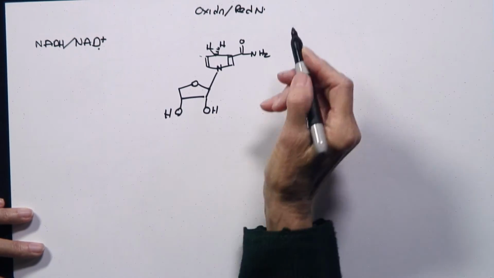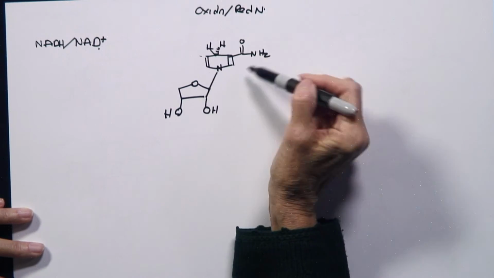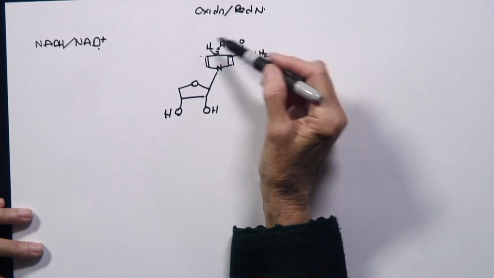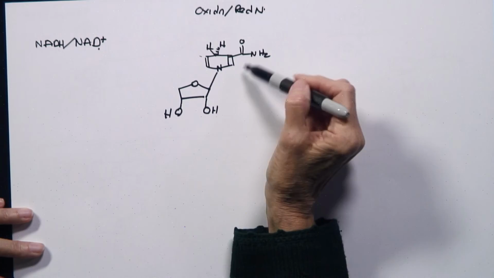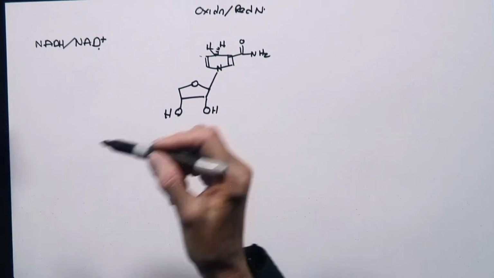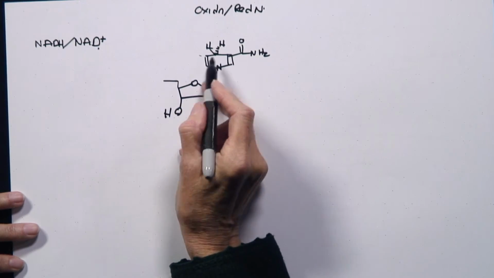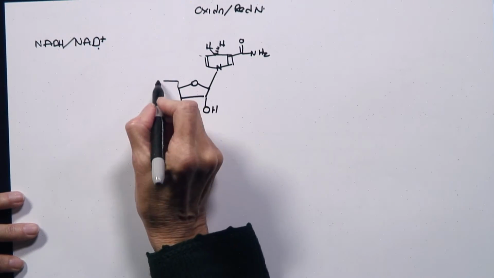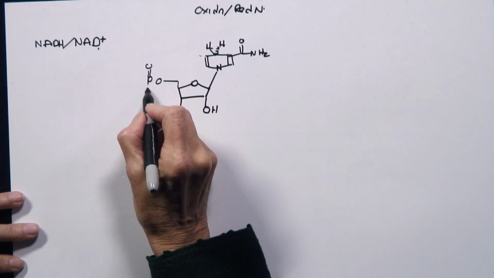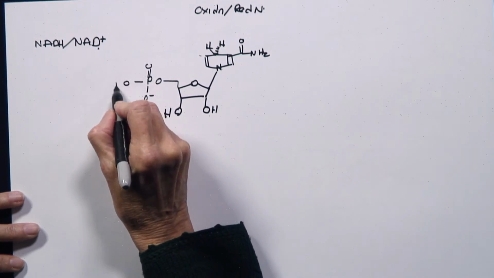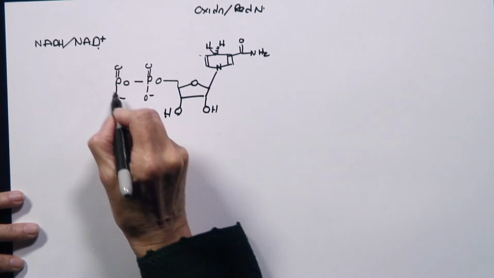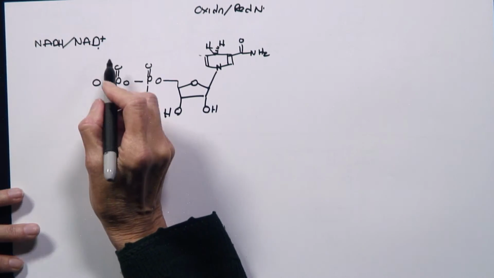So the form of the vitamin is actually a nicotinamide ring, and then it needs to be metabolized to the structure I'm drawing now, which has the nicotinamide ring attached to a ribose ring, which is then attached to ADP, which you're all familiar with.